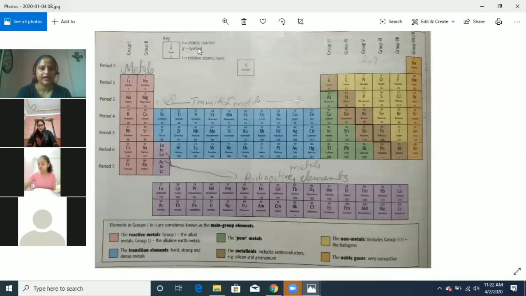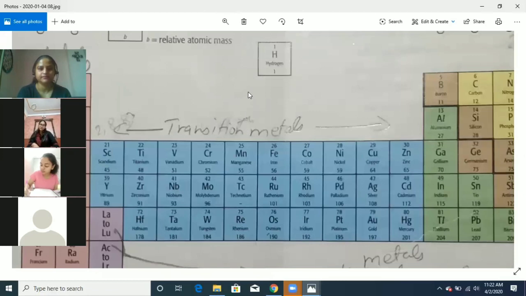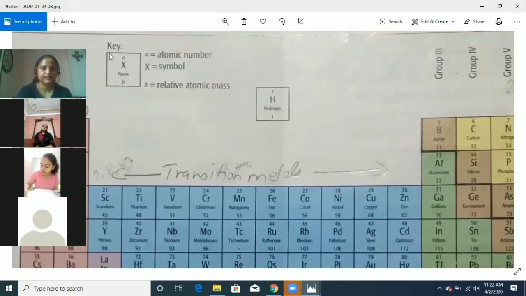Okay. And as you can see, this is the representation of an element. X is an element, A is the atomic number, B is the relative atomic mass. Now come to this box. This is hydrogen.